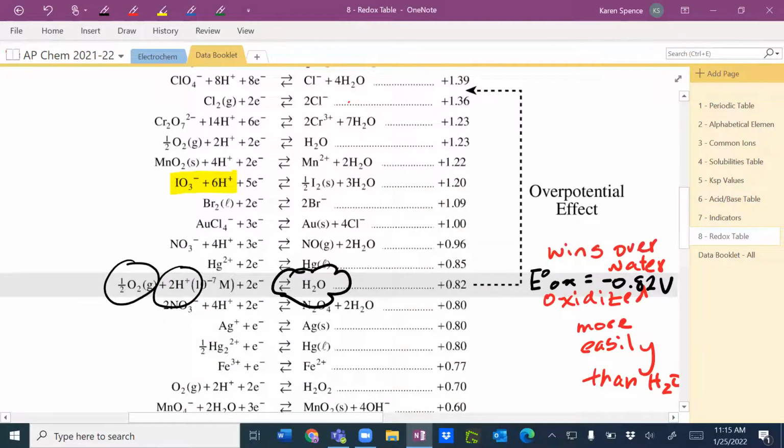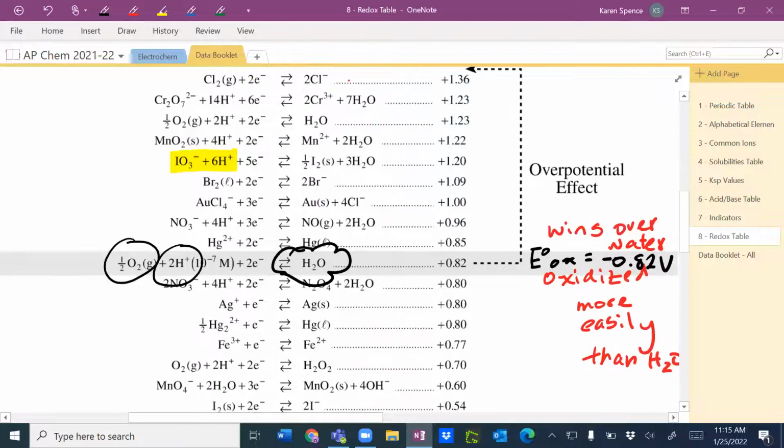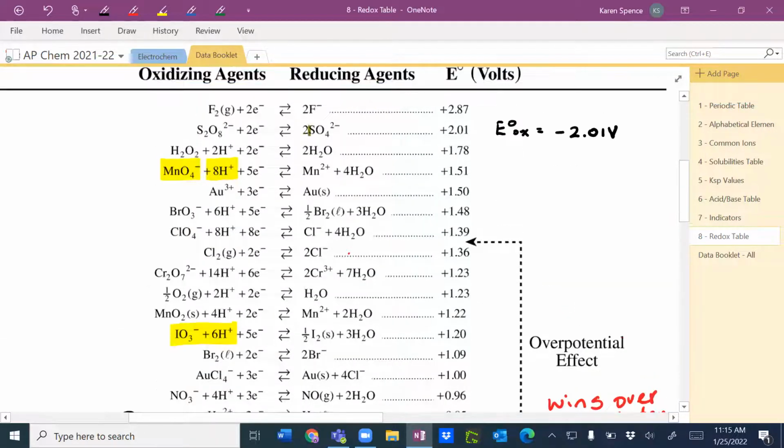So we cannot react that with MnO4- because we can't have two oxidizing agents. How about SO4 2-? Oh my gosh, of all the things, that's one where it would not be spontaneous with SO4 as a reducing agent. So not that one.